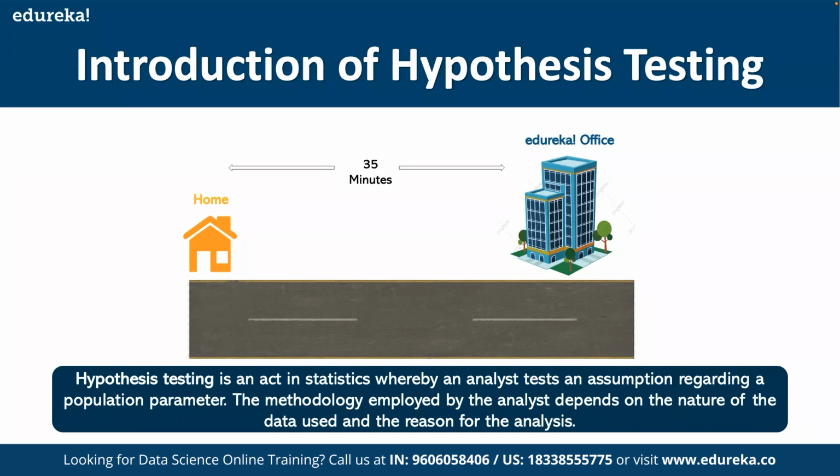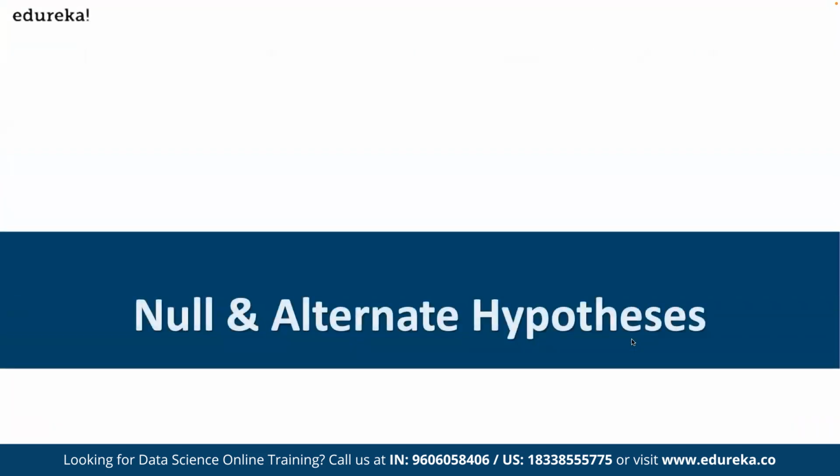These are all assumptions that we have. Once we have an assumption, we call this a hypothesis, and we are going to test it. In order to test this hypothesis, we select a sample from the population and then perform the testing. The method that we use always depends on the nature of the data and the reason for the analysis. That's the core idea about hypothesis testing.